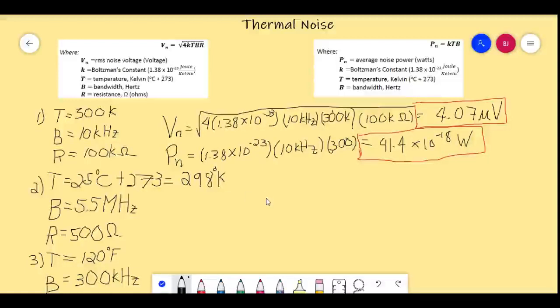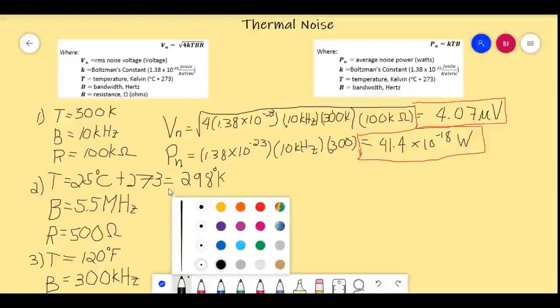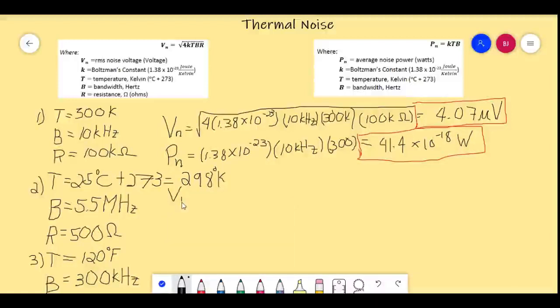Then that would be the temperature that we will be using in order to calculate noise voltage and noise power. So let's do noise voltage again. It's still the square root of 4kTBR. So we have 4, the k, which is Boltzmann's constant, 1.38 times 10 to the negative 23.